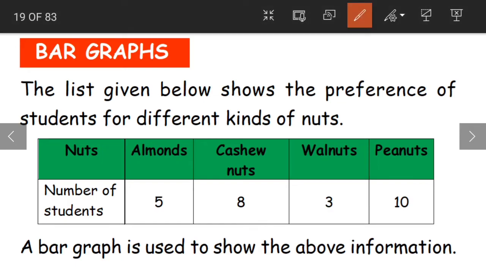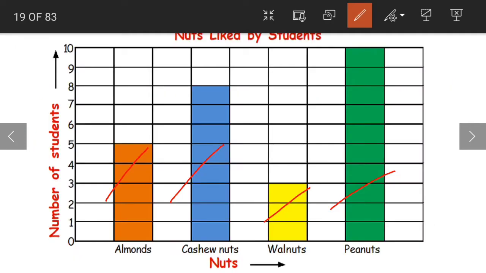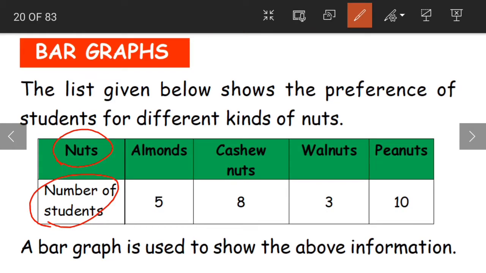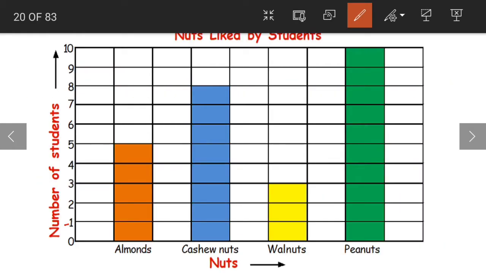Now here children, we are having two things. One is the nuts, type of nuts, and the other is the number of students. So here on this line we will take the types of nuts, and on this vertical line we will take the number of students. We always start with 0, then 1 2 3 4 5 6 7 8 9 10.